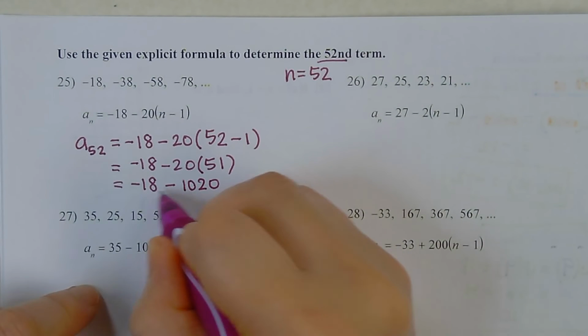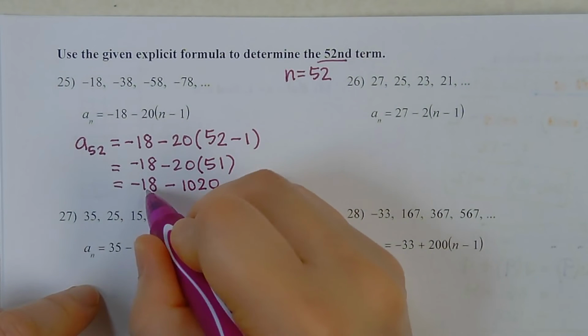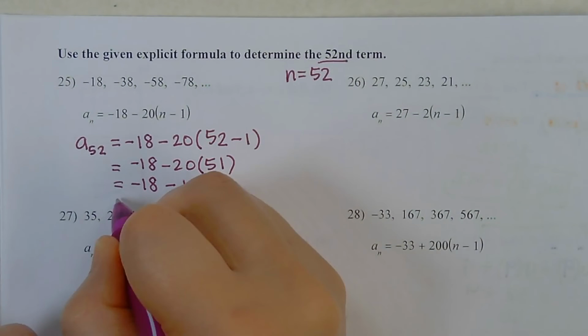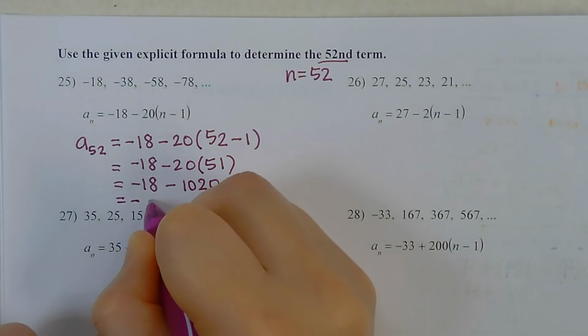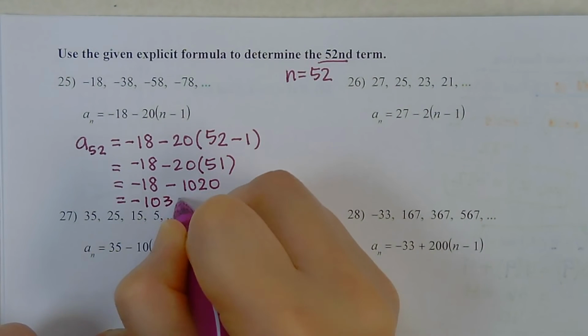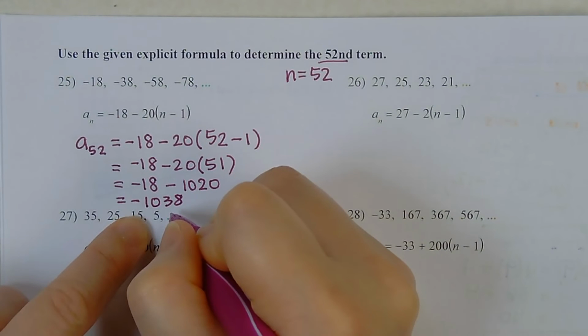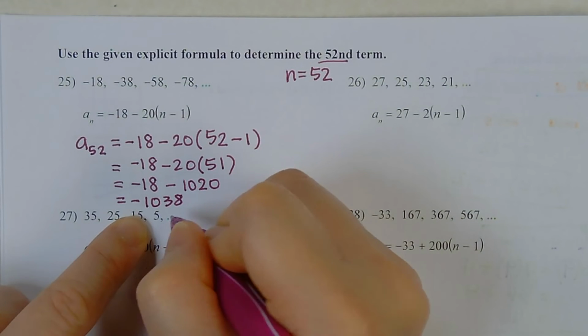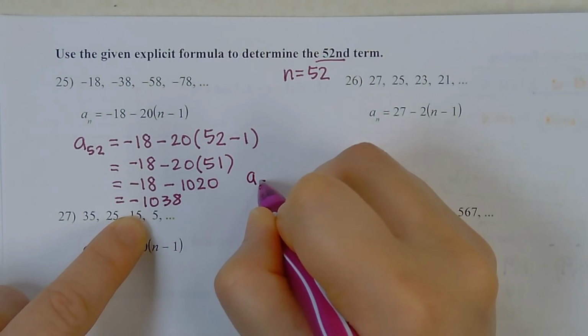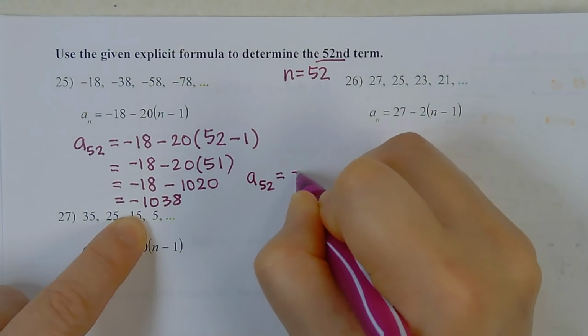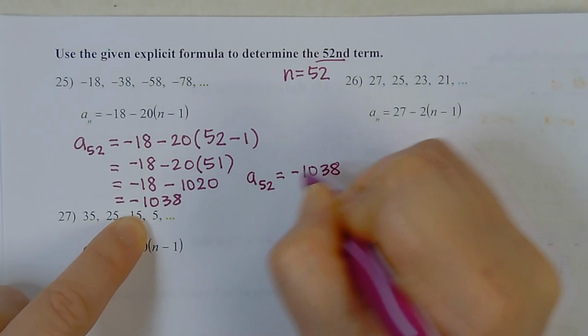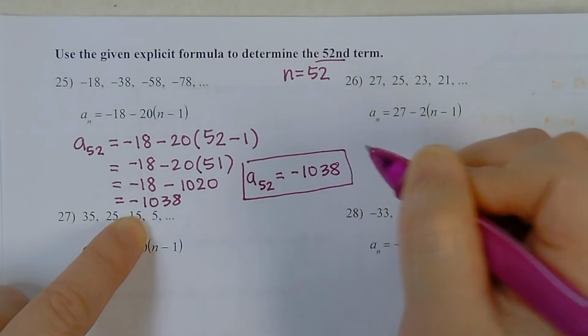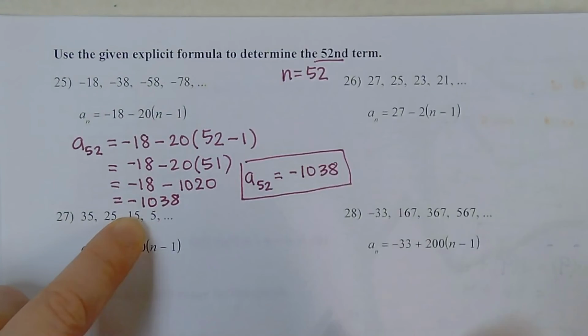Then we're just going to subtract those two. But remember, this is negative, so we're getting just more negative. So this is going to be -1038. So the 52nd term is -1038. I'm just going to write A52 is equal to -1038. See, good thing we didn't do that manually. That would have been sad days.